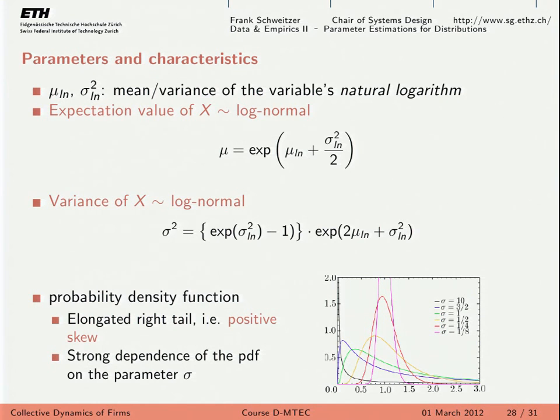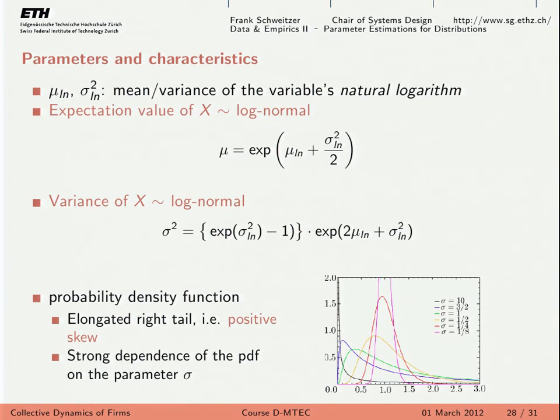So what's then the relation between the mu for the log normal and the mu of the normal distribution function? And here we have printed to you this non-trivial relation between those variables characterizing the normal distribution and those variables characterizing the log normal distribution. Simply for you to see that this is a difference, right?